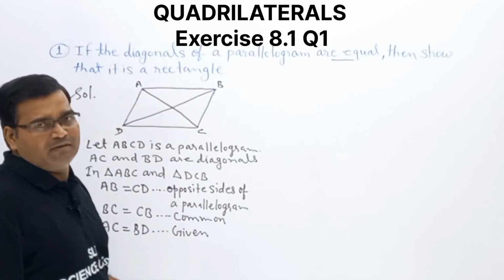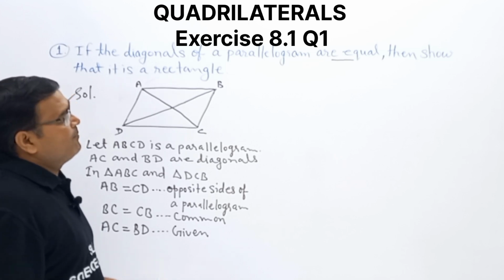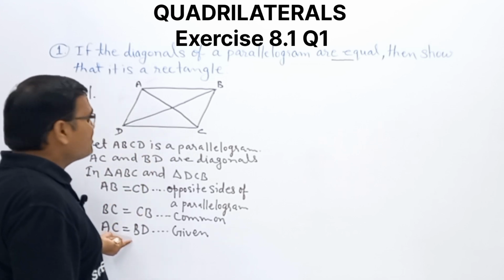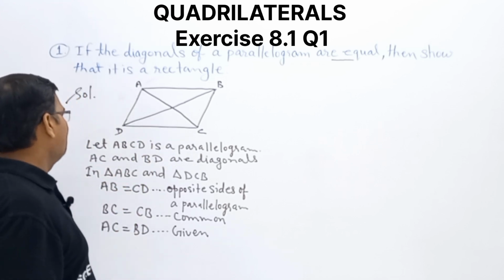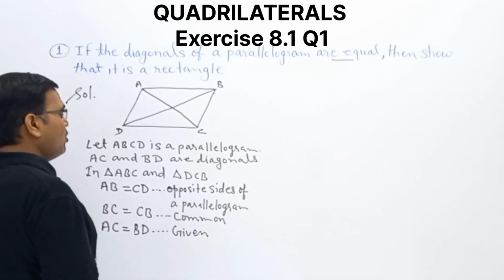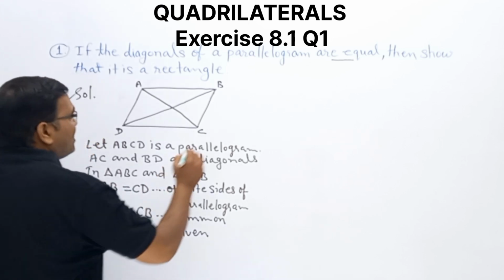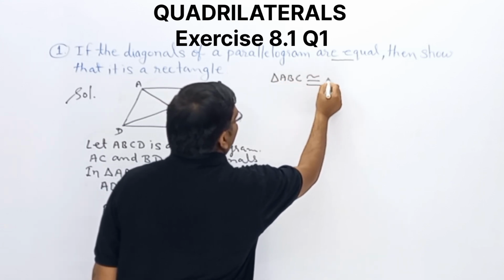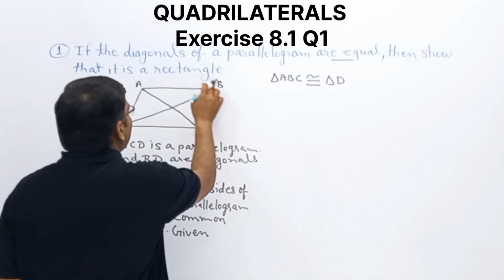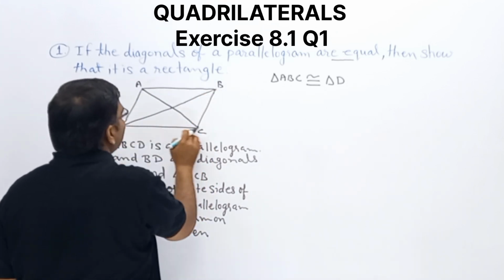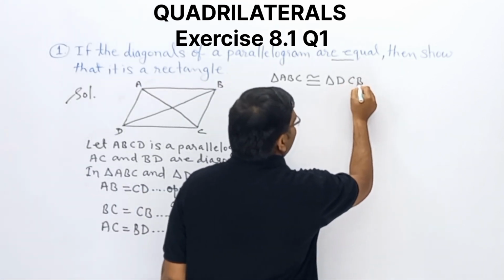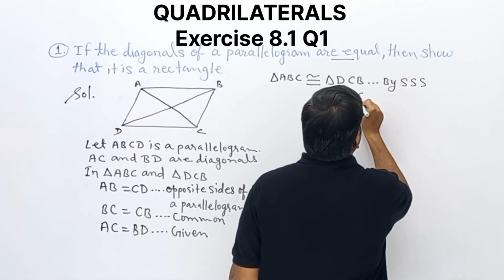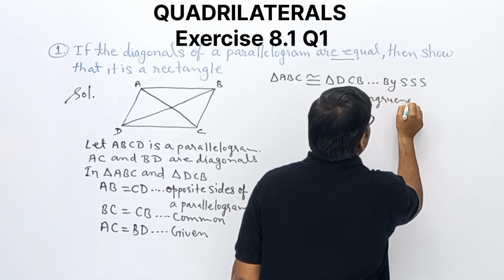If the diagonals of a parallelogram are equal, so that time we are considering diagonals are what? Equal. So three things we obtain. So what we can say from this one, triangle ABC is congruent to triangle DCB by side-side-side congruence rule.